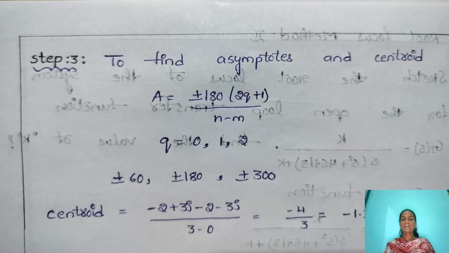Step 3 is to find the asymptotes and centroid. The formula is ±180(2q + 1) / (n − m), where q = 0, 1, 2.